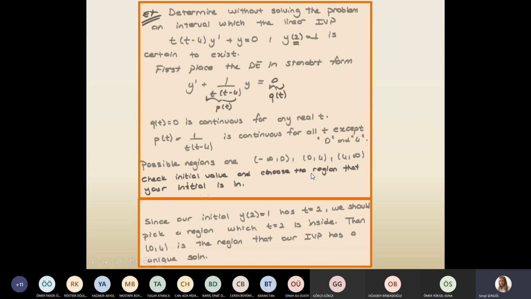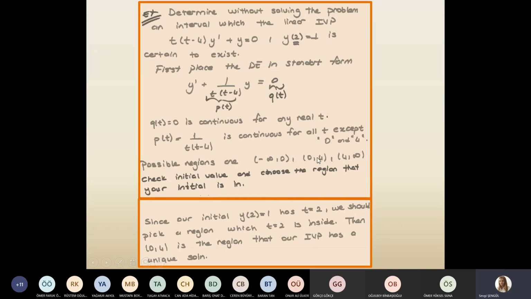And now check your initial value. Where is 1? Not 1, you are checking the y. These are the regions for y because... No, we should check t. 2, sorry. Where is 2? Because we are looking where t is undefined. So, since t is 2, where is 2?